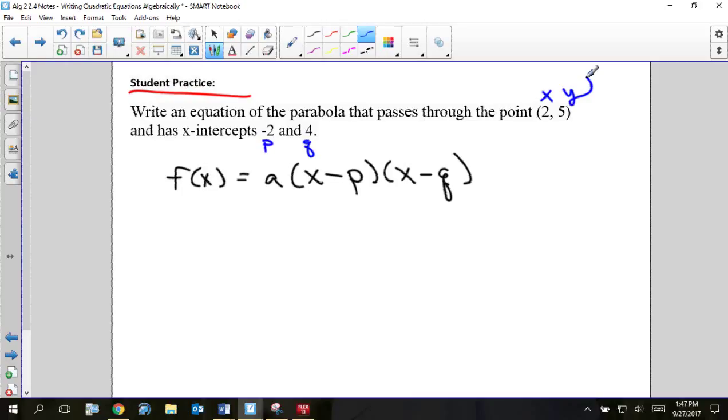Check it. Once you've got an answer, put it in your y equals and go look at the table to see if all the ordered pairs are there.